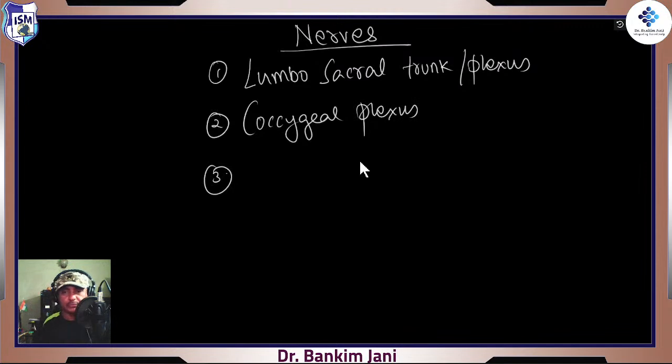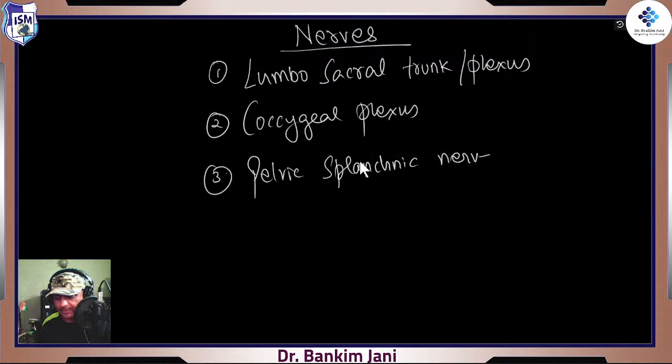And then the third would be pelvic splanchnic nerves, right? And right from the beginning, we were telling S2, S3, S4, and then this pelvic splanchnic, etc. Right? Let's decipher all of them.